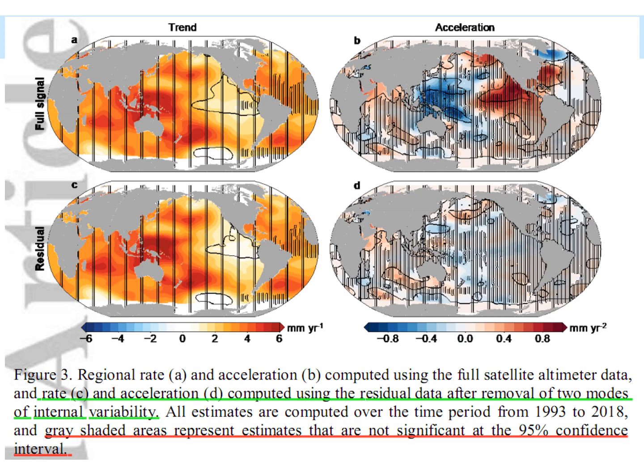Let us concentrate on the bottom maps, the residual solution after removing two modes of internal variability. The bottom left map shows the linear trends. Look at the scale. It goes from no trend, white color, then growing to the maximum estimated trend of 6 millimeters per year in deep red. The trend is not the same everywhere and varies with location.